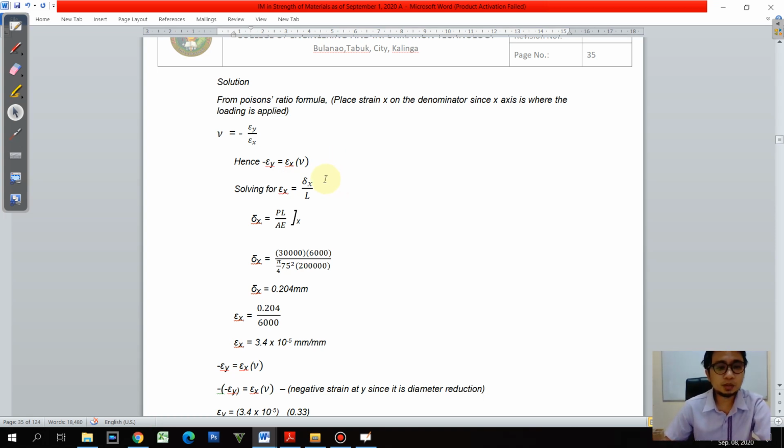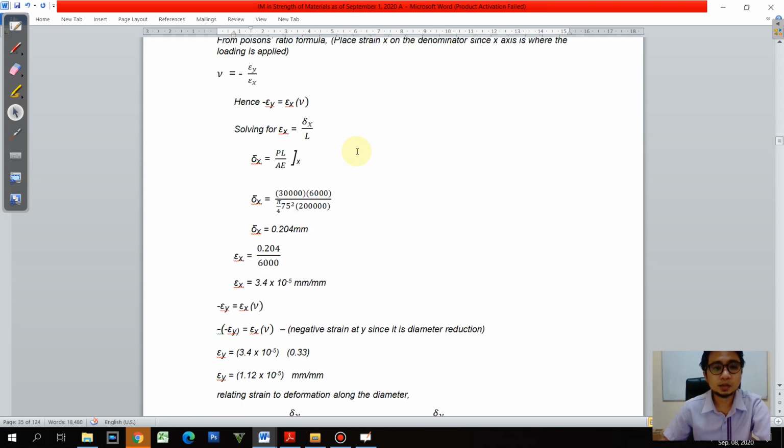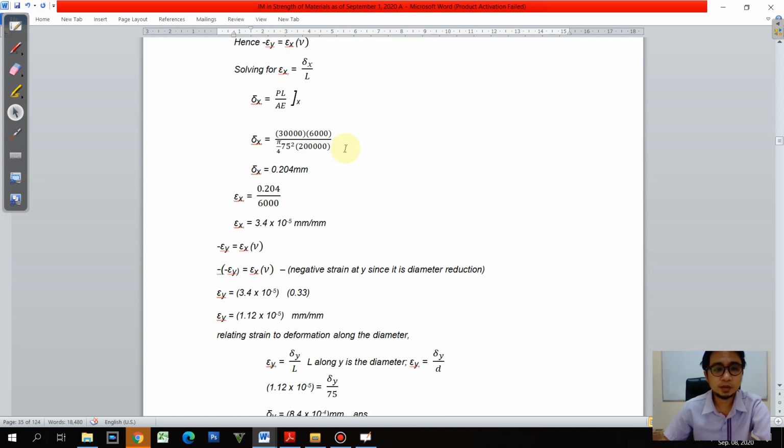So we still do not know what is the value of strain along x, but we can actually get that right away. So recall the formula of the deformation. On the axial deformation, we have PL all over AE. So substitute all the values. So along x, we have a cross-sectional area of a 75 millimeter diameter bar.